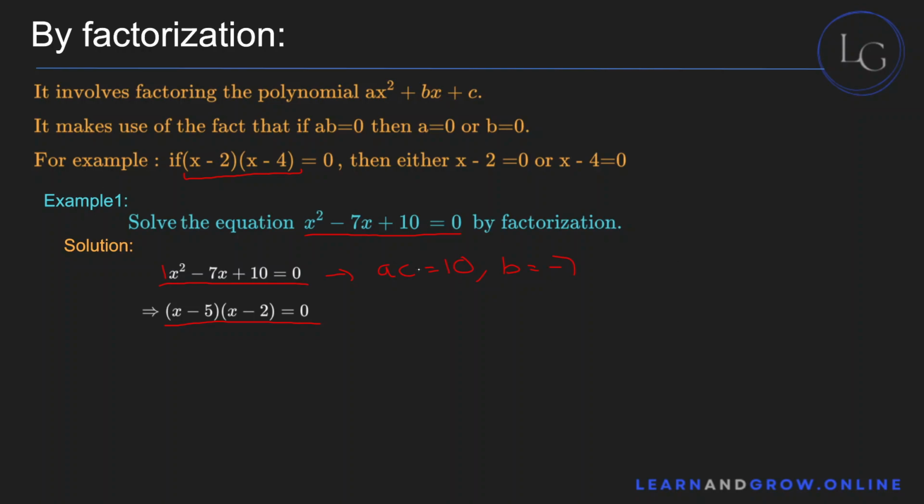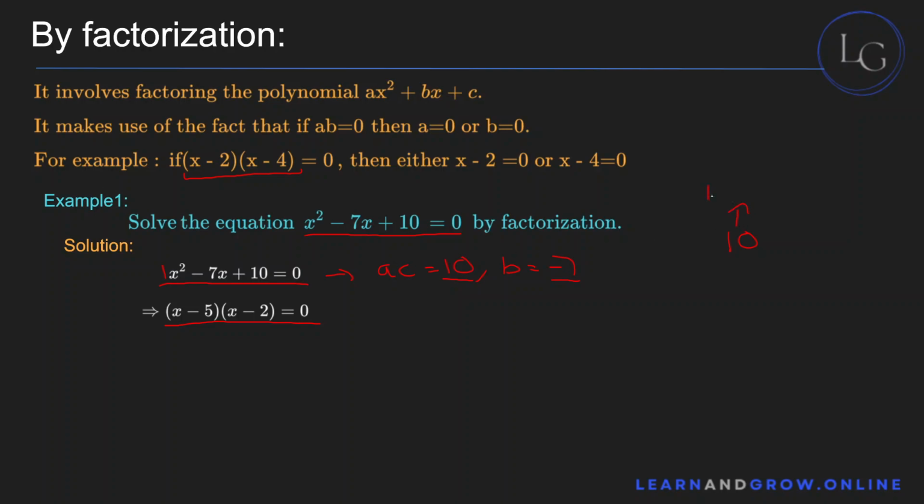So what you must remember is the value of a multiplied by c and the value of b. You must find two numbers that when you multiply them, give you 10, and when you add the same numbers, give you minus 7. So here we have 10, a times c.